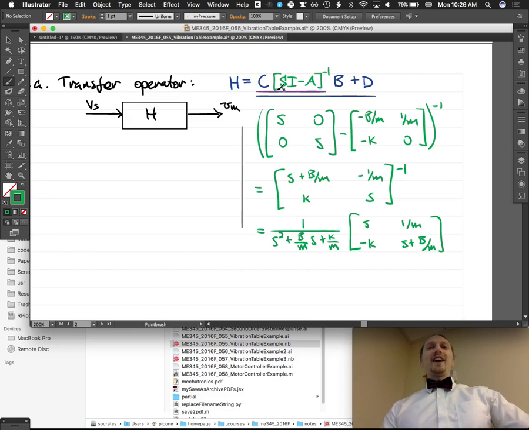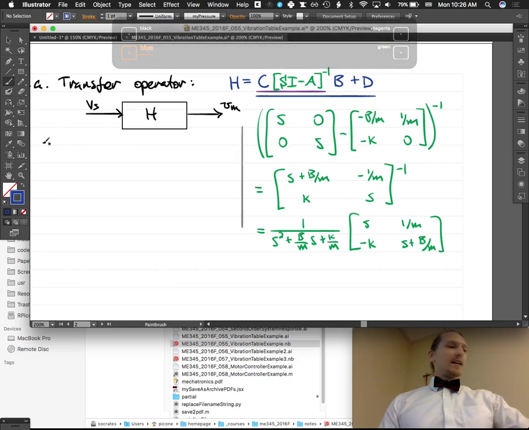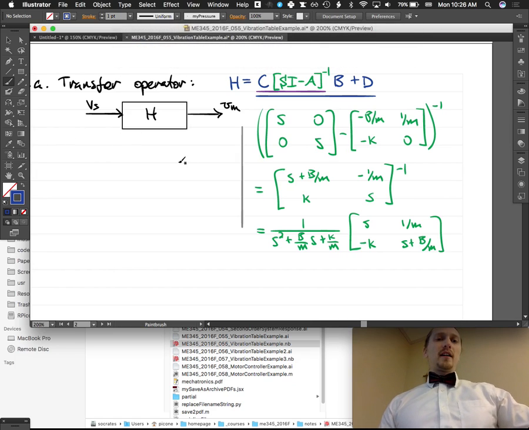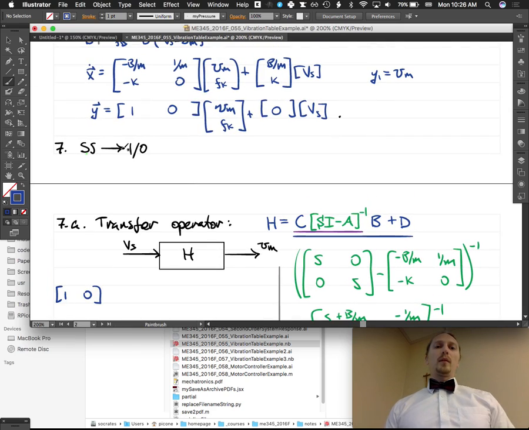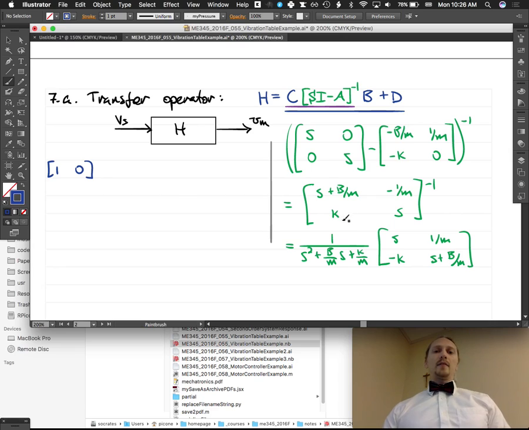Okay. Now we need to take C times that and multiply that by B. Our C matrix, let's do that right here. Our C matrix is 1, 0, from up here. C matrix times this whole thing.